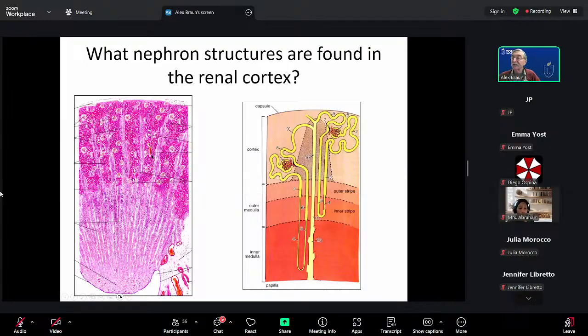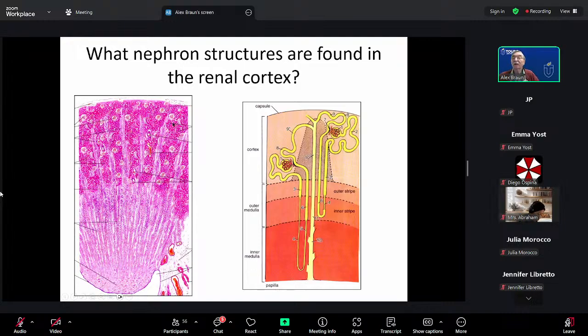The cortex consists of alternating areas containing glomeruli, like you see here. These balls are the glomeruli. And those glomeruli are surrounded by convoluted tubules. This area here, consisting of glomeruli and surrounding convoluted tubules, is the cortical labyrinth. So here's a cortical labyrinth, here's a cortical labyrinth, here's a cortical labyrinth.